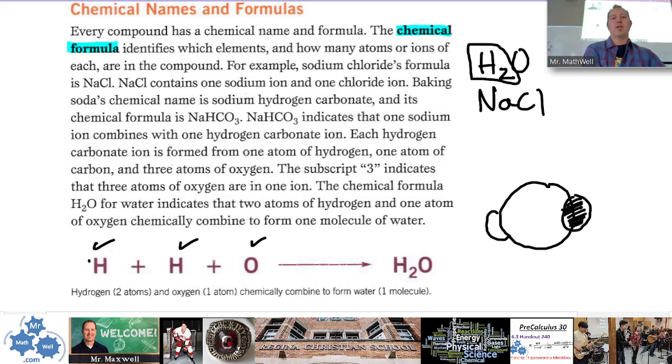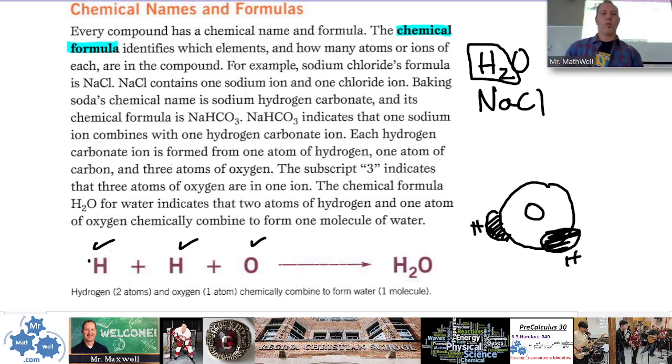Here's hydrogen, hydrogen, and then oxygen. And technically there would be a little bit of an angle on this. Let me just draw that a little more accurately. Okay, so that's oxygen, these are hydrogen, hydrogen. So 2 hydrogens for 1 oxygen. And in NaCl, because there's no subscript shown, it's 1 Na atom with 1 Cl atom, or ion. Okay?